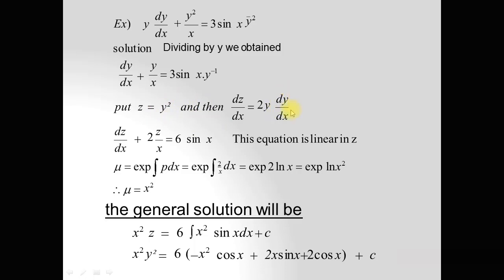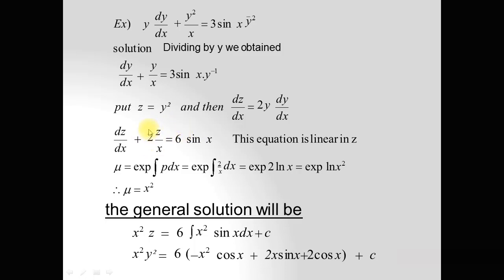Find the value of dy by dx from this expression, and then putting it in this equation we have dz by dx plus 2z by x is equal to 6 sine x, and this is a linear equation in z and variable x. z is the dependent variable and x is the independent variable. So this equation is linear in the dependent variable z.